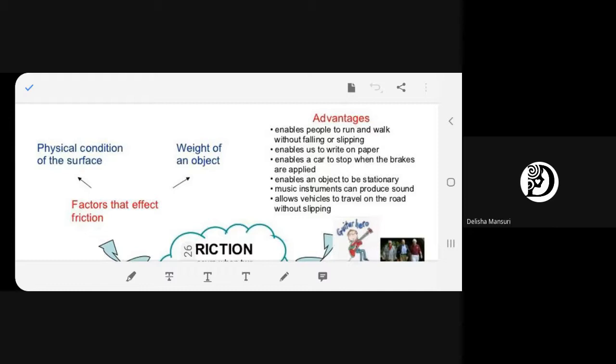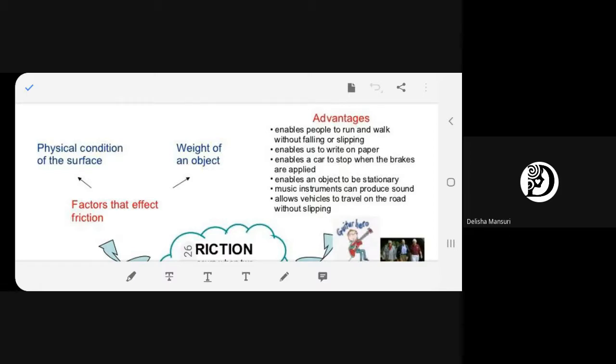Now, the advantages of friction. This is the only way that we can run and walk without falling or slipping. Otherwise, we will keep on falling and slipping. It will be very accidental. We can write on paper due to friction, and that helps a car to stop when we apply brakes. Any object which is at one place is due to friction.